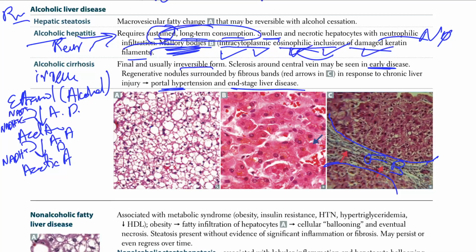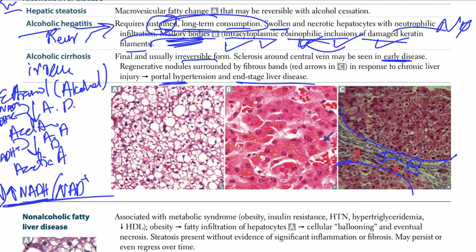And this NADH accumulates so much that you have an increased NADH to NAD ratio. You have used up so much NAD, so the NADH level is greater than the NAD level.